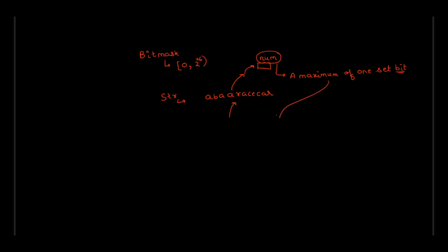But what does a number with one set bit look like? You will have something like 0 0 0 0 0, and there will be only one set bit over here. So this number is nothing but 2 to the power i, where i is the position of the set bit, because there is a one-to-one mapping between binary strings and their decimal values. So this number will correspond to at least one permutation which is a palindrome only if it is equal to 0, meaning 0 set bits, or if it is a power of 2.